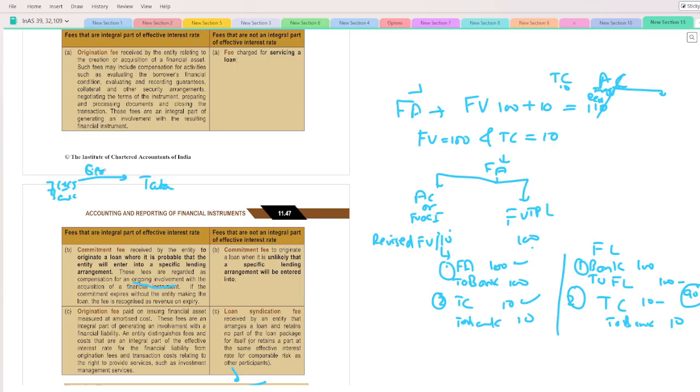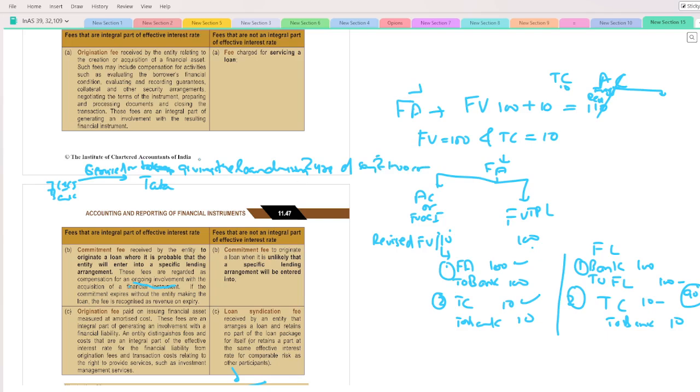So commitment is like a service, a commitment service for giving the loan during 2 years of say rupees 1,000 crore.